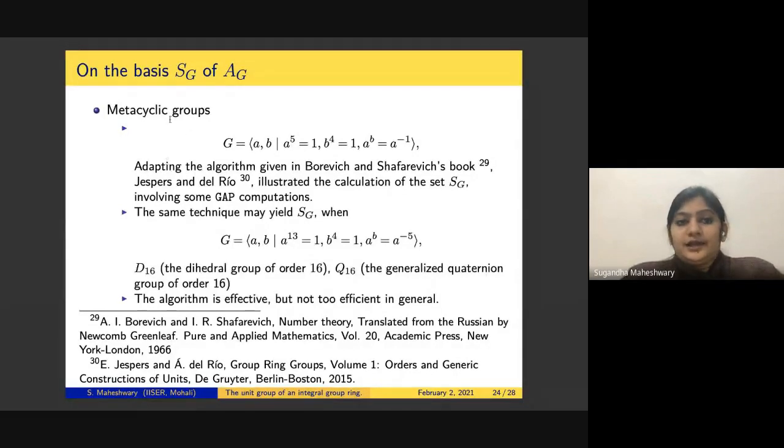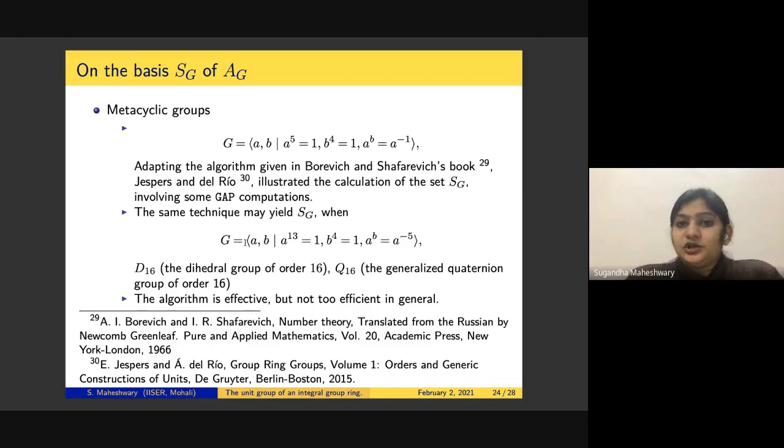Then for metacyclic groups, it's not the whole class which has been taken up. The only two examples which I could find were in the recent book of Jespers and del Río that you see on your screen. They have calculated for these two metacyclic groups using some algorithm given in Borevich and Shafarevich's number theory book.